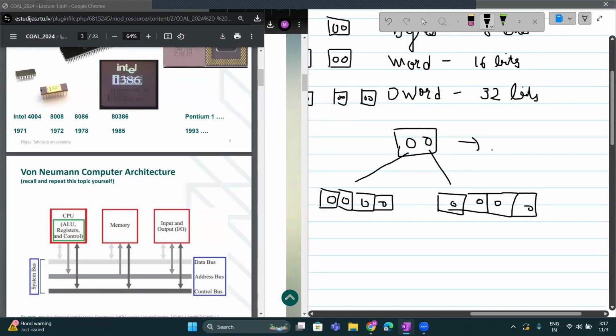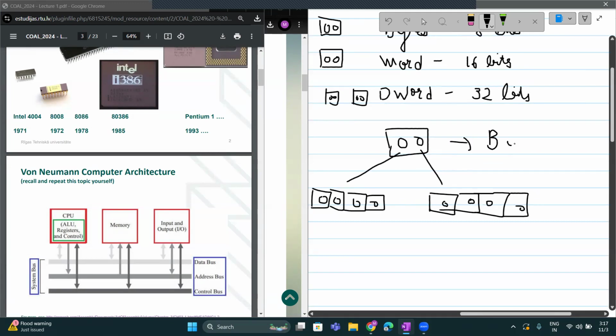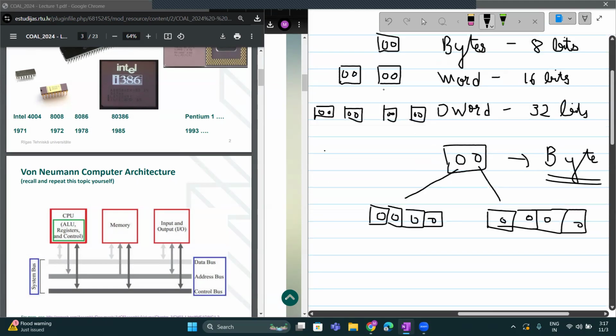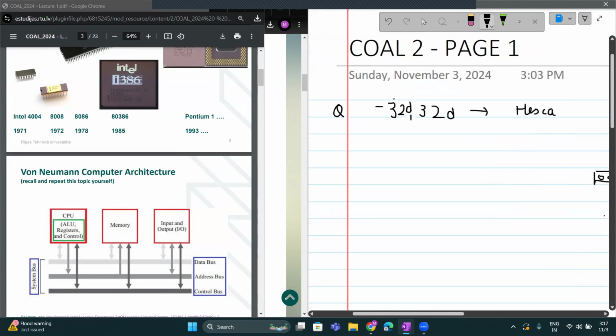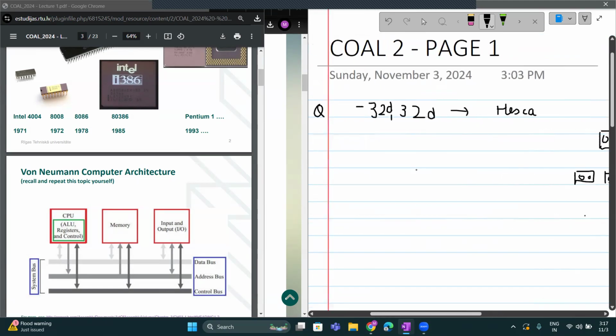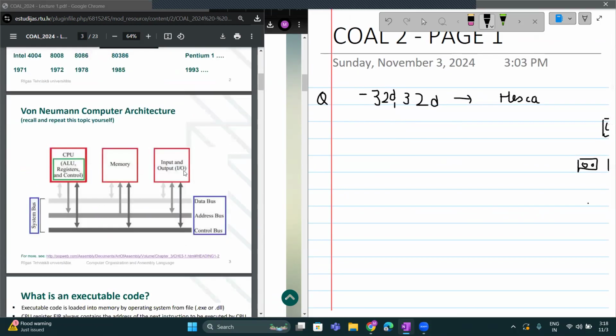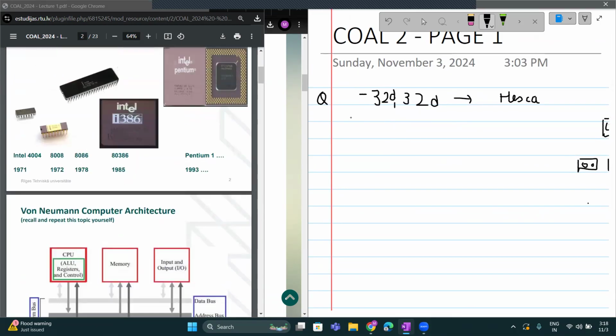So we will usually use this as a byte. This is just for reference, but in the exam we will mostly have bytes or words or double words. So we learned these data types, and we learned decimal, hexadecimal, binary, and how we convert negative numbers and positive numbers from decimal to hexadecimal.